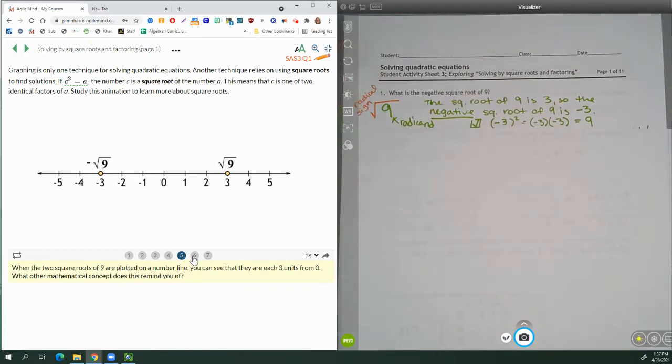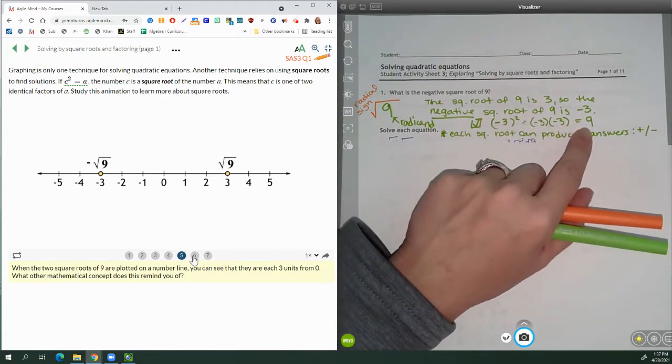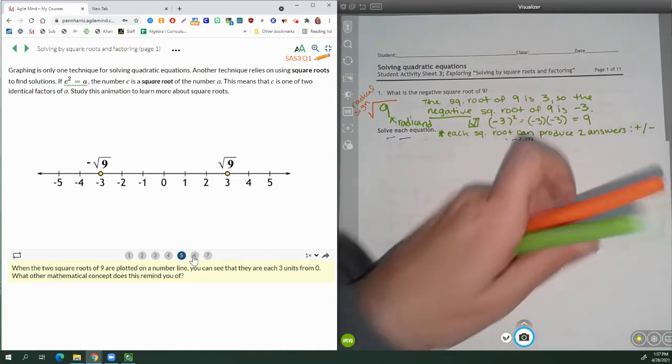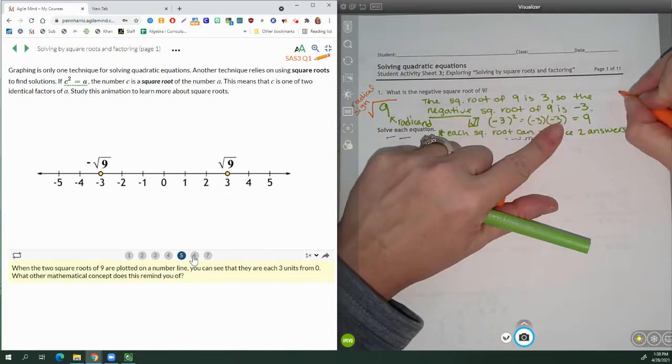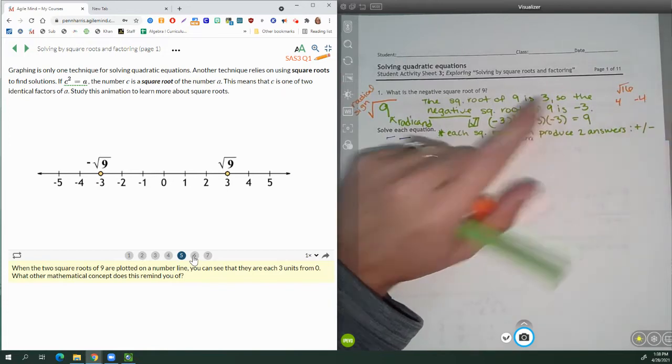So what we need to understand from that is that for every single square root, there are going to be two numbers that it could equal. If I asked you for the square root of 16, that could be 4 or negative 4.